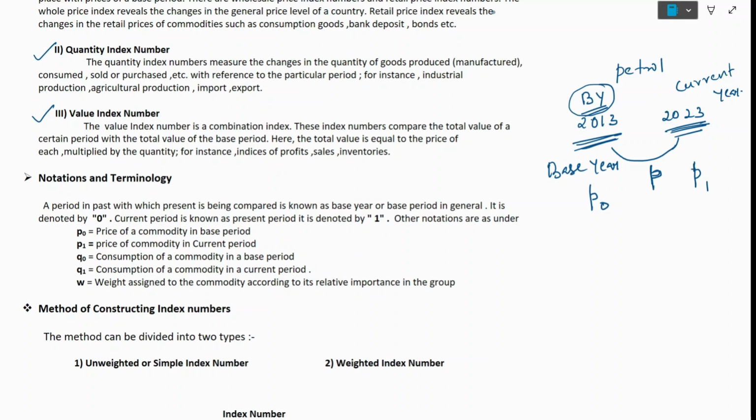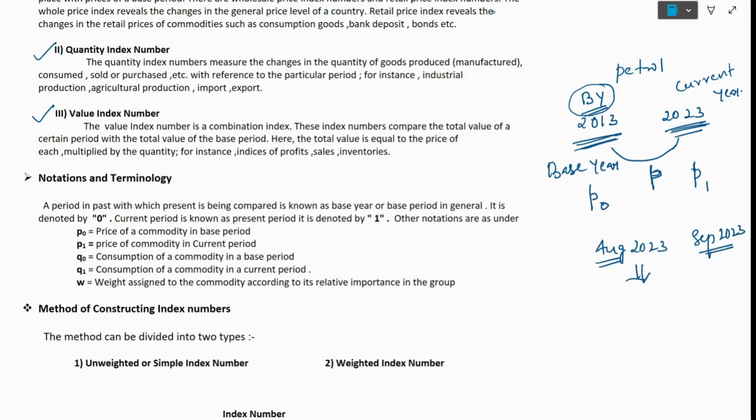Now, another example is the same thing. If you are comparing the petrol price with last month, like comparing the August 2023 price with September 2023, here we are taking August 2023 as the base period.